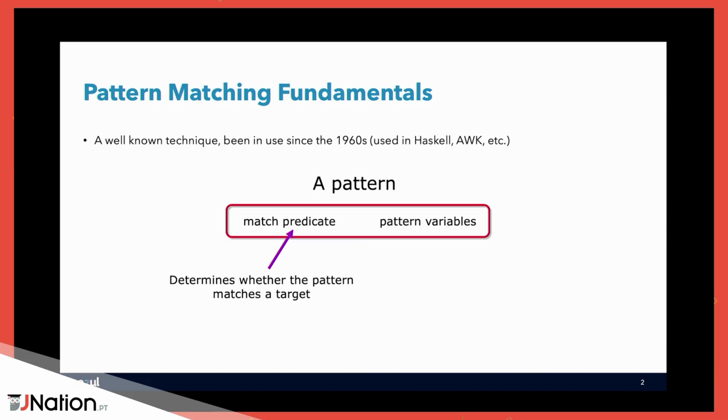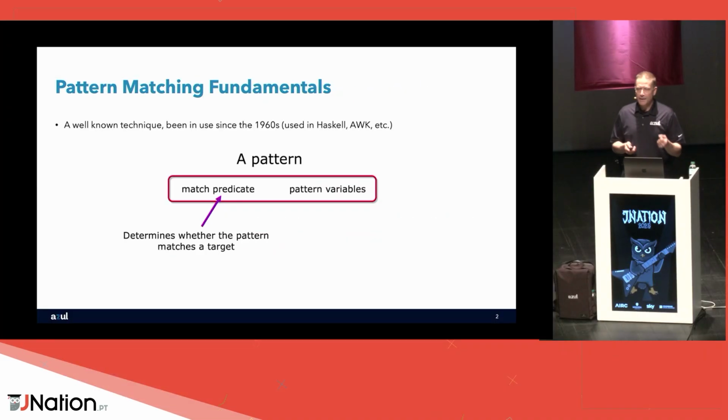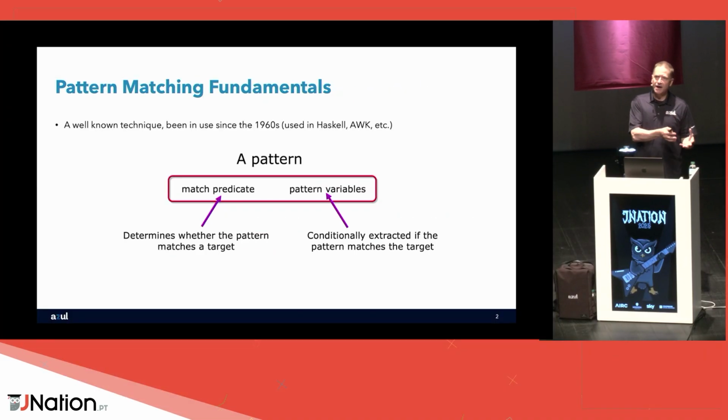This will all become clearer as we go through, but it's useful to set the kind of baseline as to what we're talking about. Now, in addition to the match predicate, we're going to have 0 or more pattern variables. The pattern variables are going to be extracted conditionally based on whether the pattern matches the target. So that's what we mean by a pattern, a match predicate, and then a set of pattern variables.